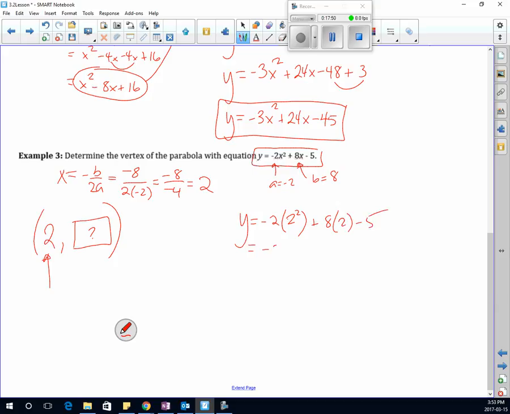So that's negative 2 times 4 plus 16 minus 5. So that's negative 8 plus 16 minus 5. And negative 8 and negative 5 is negative 13, plus 16 is 3. So that means my vertex is at (2, 3).